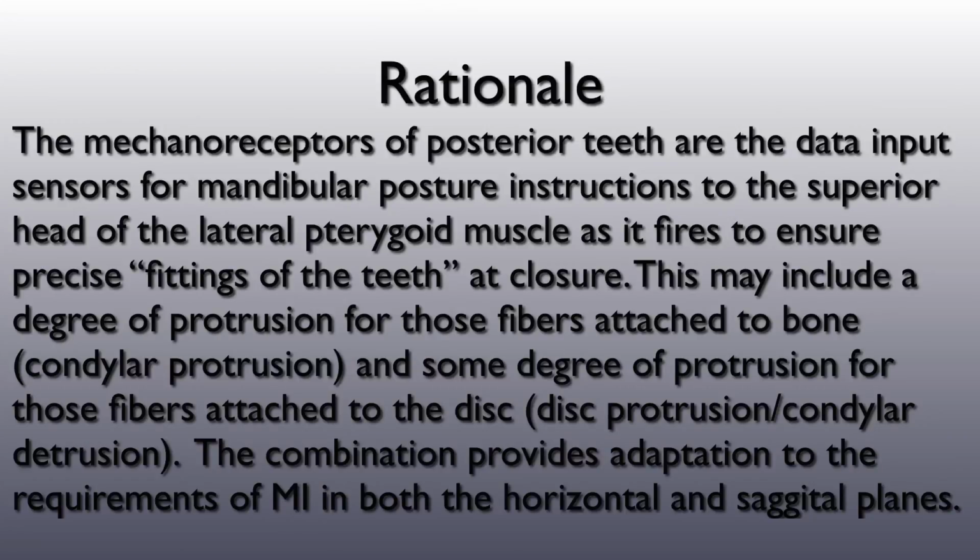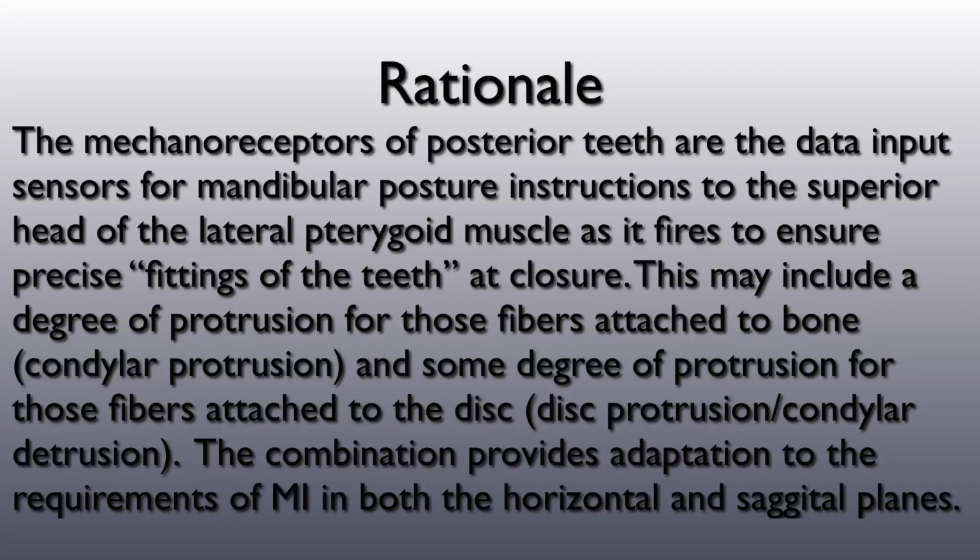We believe that the mechanoreceptors of posterior teeth are the data input sensors for mandibular posture instructions to the superior head of the lateral pterygoid muscle as it fires to ensure precise fittings of the teeth at closure.